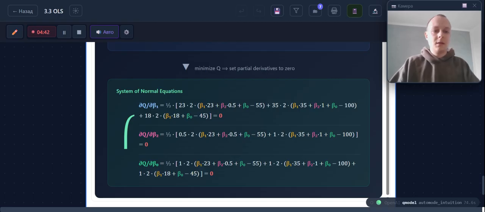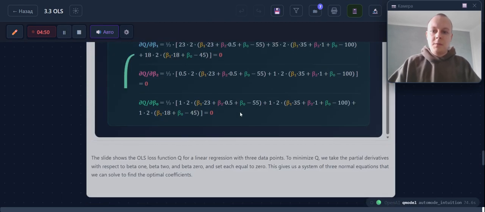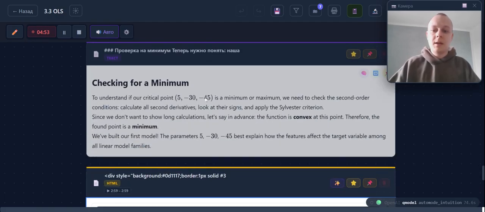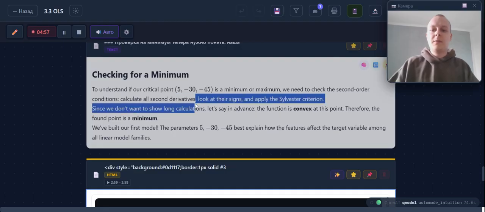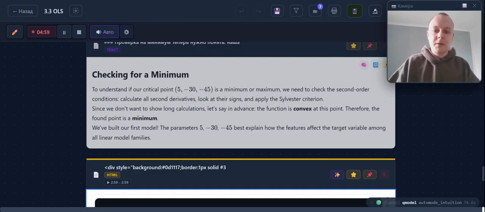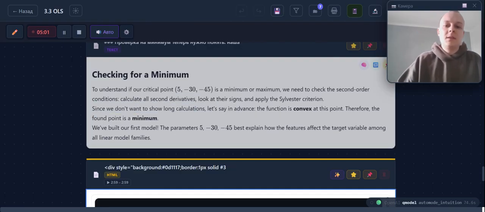It means an extremum point, a minimum or maximum point. We won't solve this system of equations right now; we will simply take the answers. The answer will be 5, minus 30, and minus 45. So is it a minimum or a maximum?